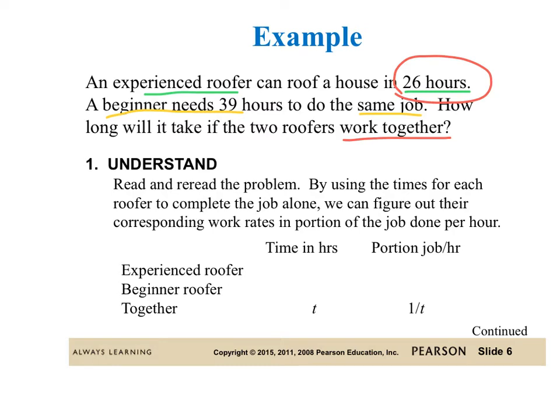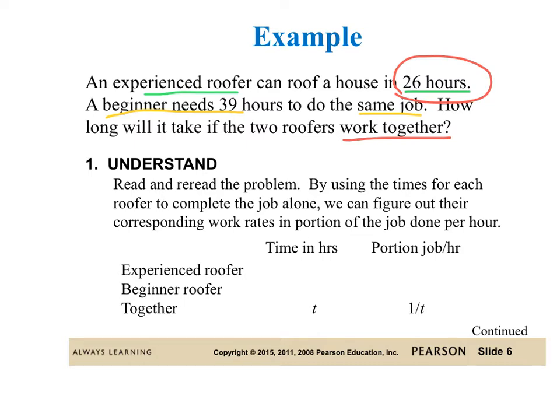So assuming the beginner does much of anything, then the roofing job is going to get done in less than 26 hours. Now, we know that the beginner has been able to do the same job in 39 hours. So this means that the beginner is ready to work in partnership with the experienced roofer. So together, they're going to do this job.